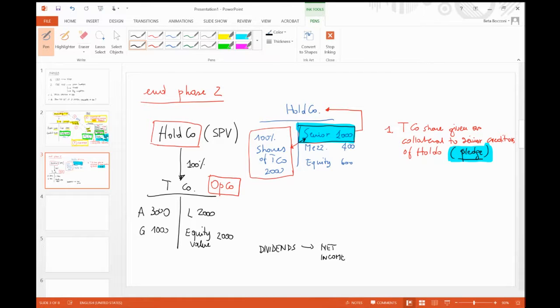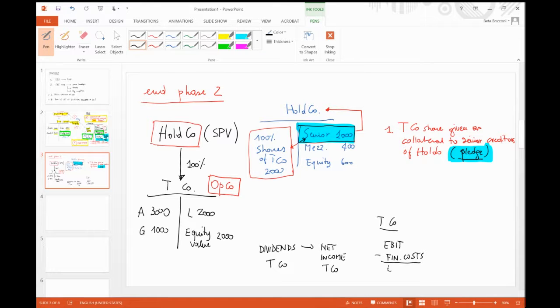Okay? So dividends of TICO are taken from the net income of TICO. And so, very briefly, TICO has a net income which is made this way: you have the EBIT of TICO minus financial costs of TICO.